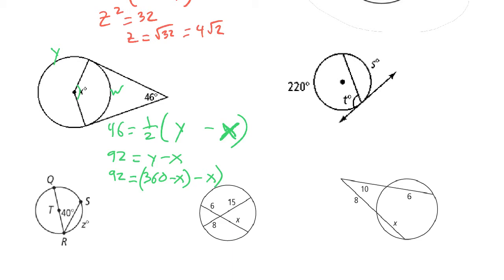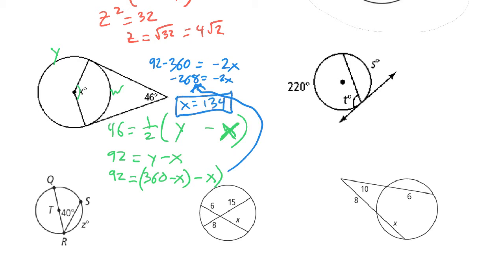I'm going to move my work up here. So 92 minus 360 is negative 268 equals negative 2x. So x is half of 268, and the negative cancels, so x is 134. Kind of tricky. I like that one.